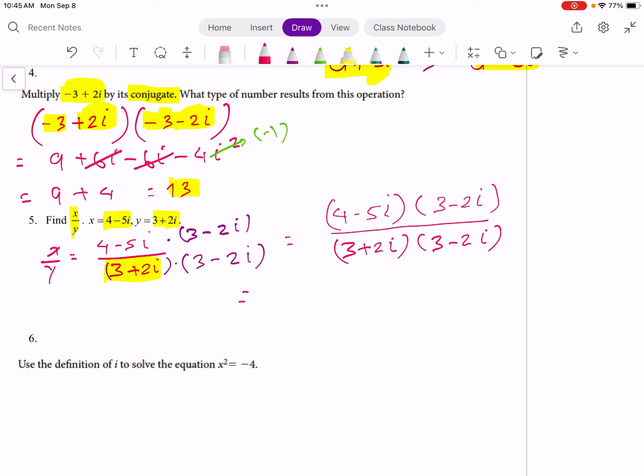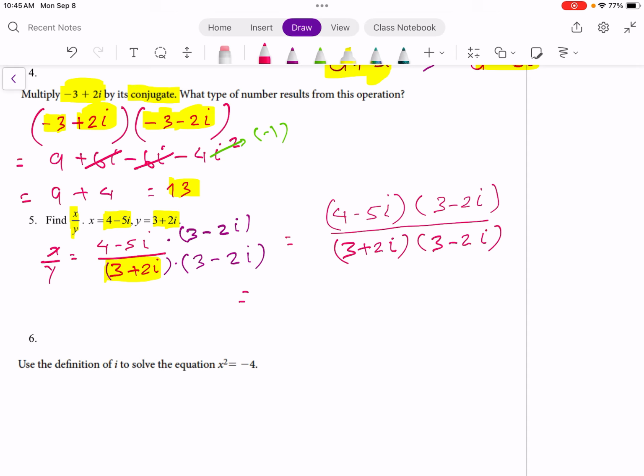Those who didn't have a 13, let me check if you get 13. So multiply the numerators together. Use the FOIL method: multiply first term, outside term, inside term, last term.